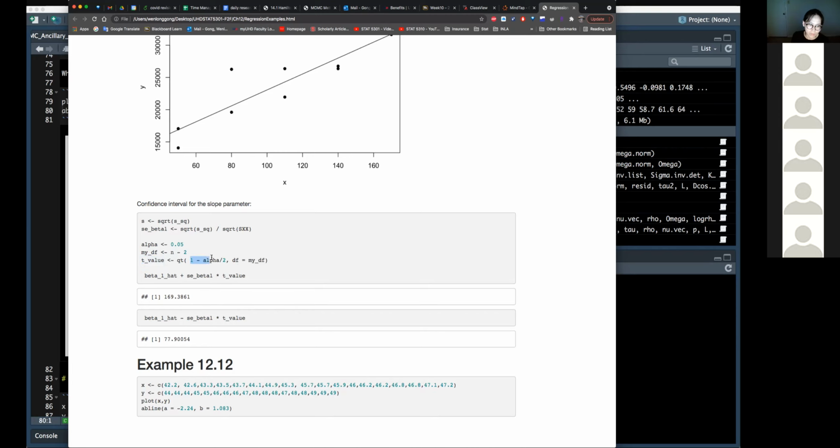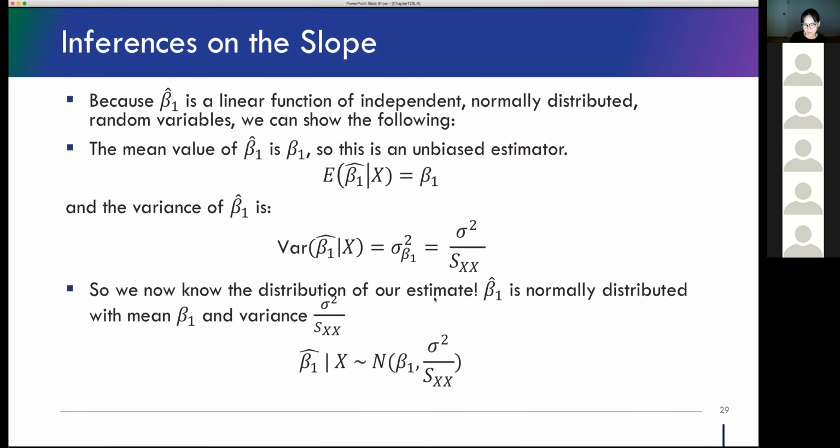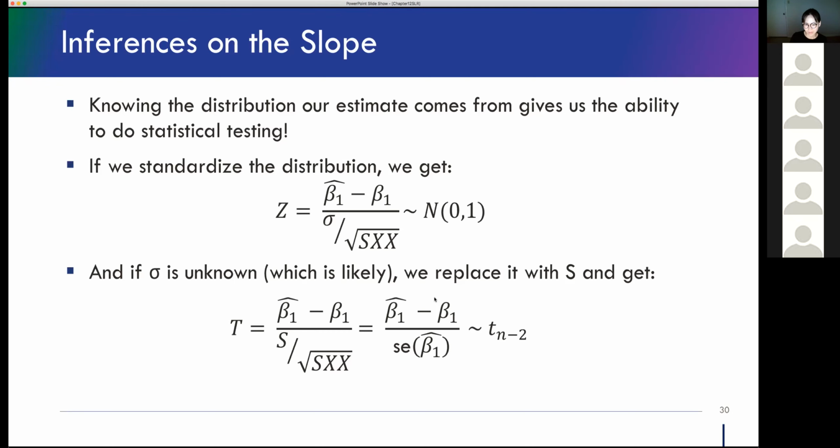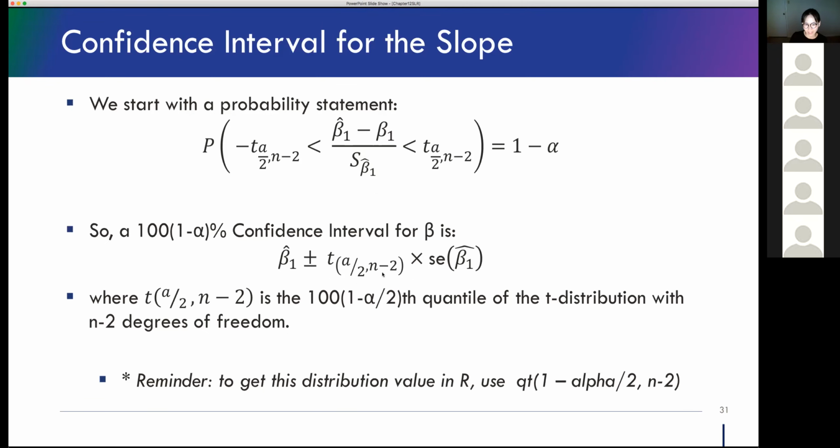So we put 1 minus alpha over 2, and we supply our degrees of freedom. I take that back. We're doing a confidence interval here. This t-value we are calculating is this t-value.